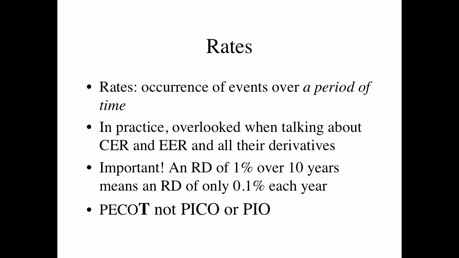When the UKPDS diabetes study was published, there was a lot of confusion in the press between those who quoted the NNTs for the whole duration of the study, with a mean follow-up of 10 years, and those who quoted NNTs per annum. If you see below, a risk difference of 1% over 10 years means a risk difference of only 0.1% each year. That's why it's important to use PECOT with a T to remind ourselves.